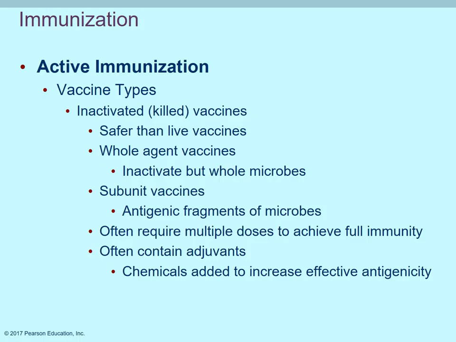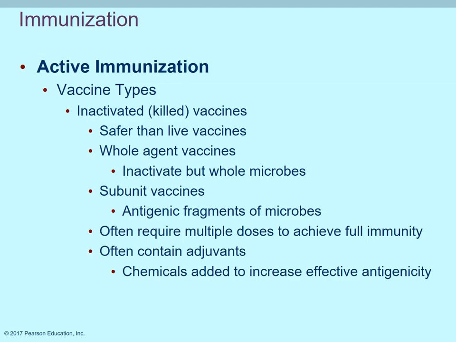So just take the portion you need. It's kind of like, if you're looking at a sweater or a jacket as the bacteria, if all you need is the pocket, don't use the whole jacket, just use the pocket. And that's enough to stimulate the immune response.